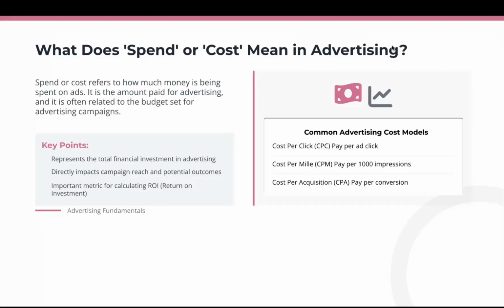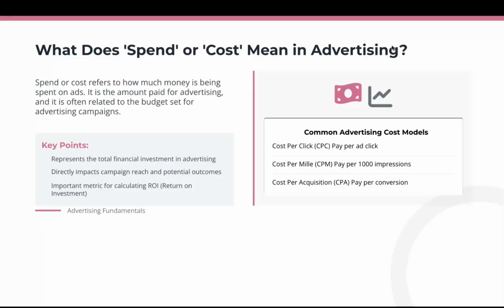Now, some of the common advertising cost models, some of the metrics that we look for, is cost per click, CPC, which is the cost per ad click. We also have cost per mille, which is CPM. That is the cost or the pay per 1,000 impressions.